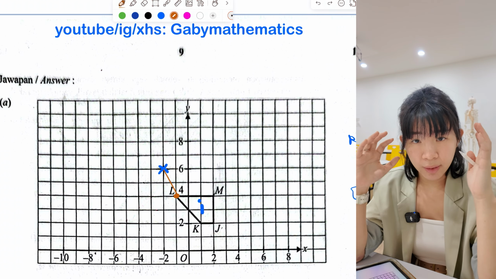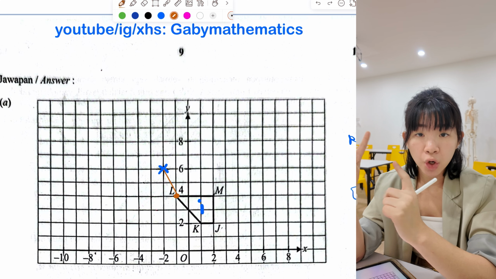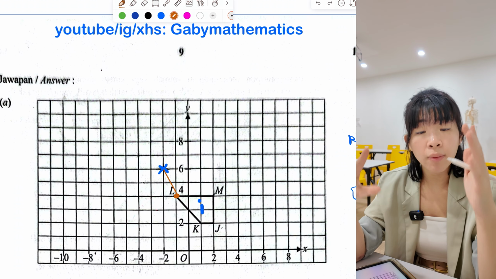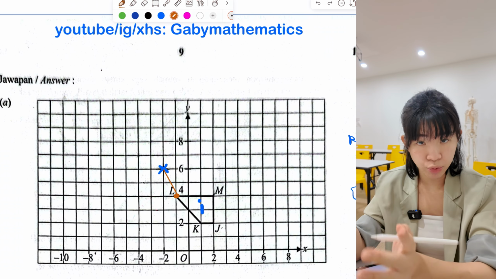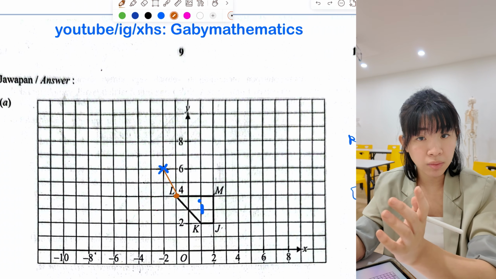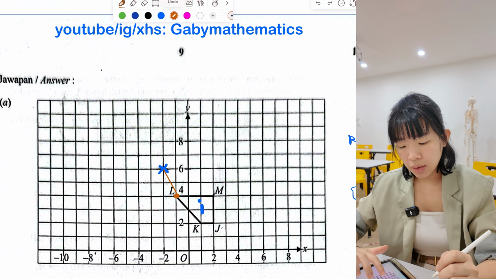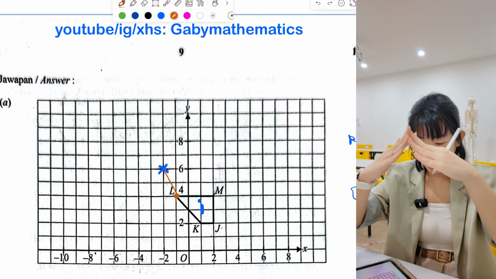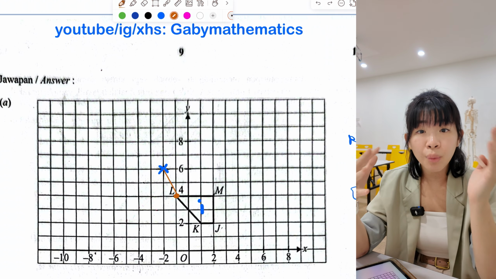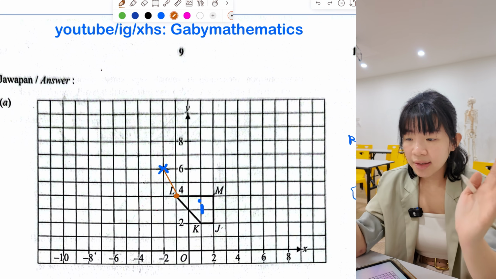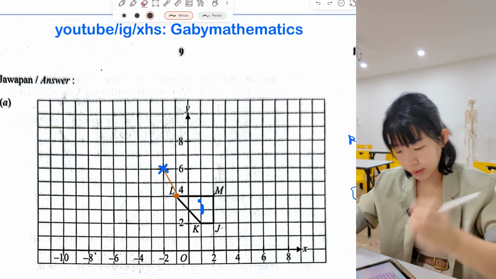Remember, now we need to draw the object. So you have to think: from object, swing to image must form 90 degrees anti-clockwise. Where must the object of L be? Now this L is the image, remember? Can you picture where 90 degrees is? 90 degrees will give you an L shape, a V shape, something like this. If you can't tell where 90 degrees is, you can use anything that gives you 90 degrees, for example a ruler.